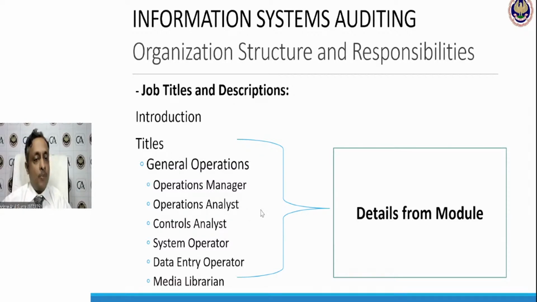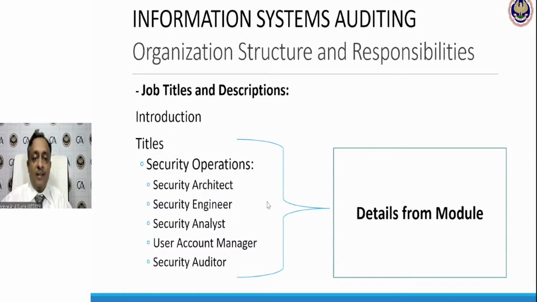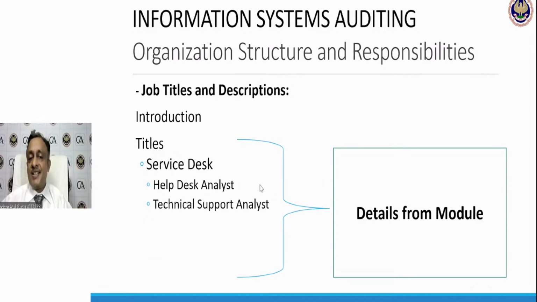General operations: operations manager, analyst, control analyst, system operator, data entry operator, and media library. Security architect, engineer, analyst, user account manager, and security auditors. Organization may have a separate designation for auditors for security. Service desk, help desk, technical support.